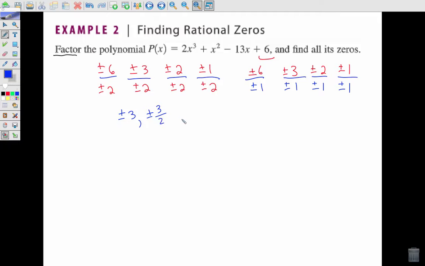We could have positive or negative 3 over 2, positive or negative 1, positive or negative 1/2. We could have positive or negative 6. 3 is already taken care of. Positive or negative 2, and 1's already taken care of. So let's go ahead and try one. So we're going to use synthetic division.